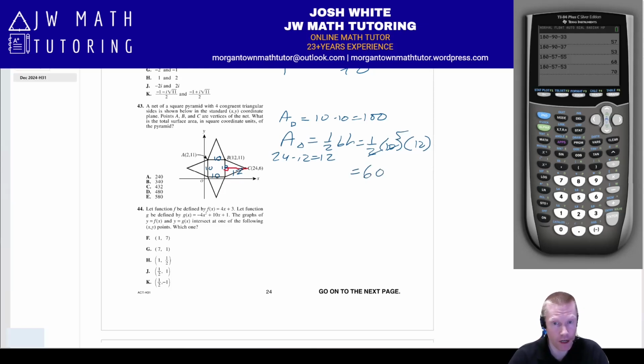But again, that's for 1 triangle, and we need 4 of them. So you multiply this by 4, we get 240. Now we can add together the 240 plus the 100, and we get 340. So the total area for this entire pyramid is 340 square units.